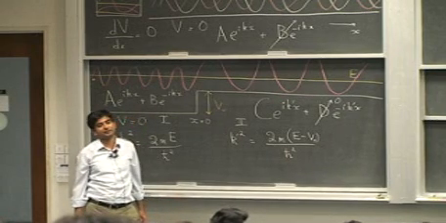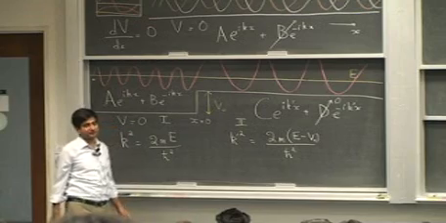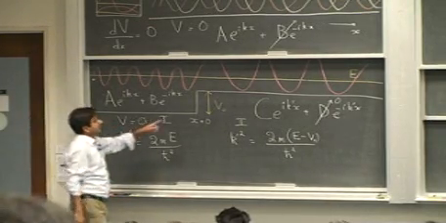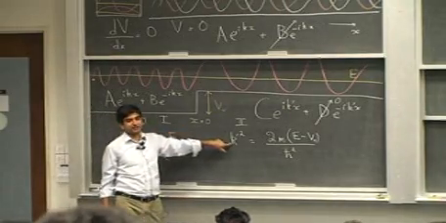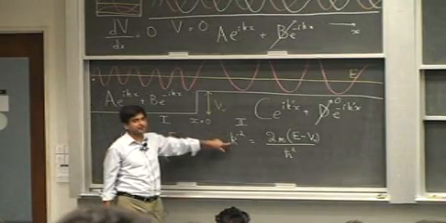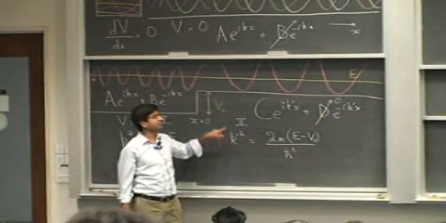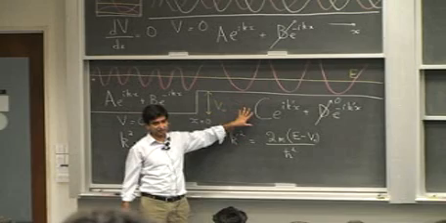I've answered this question quite a few times, but let me answer it again. k' is decreasing in region 2, which means the momentum is decreasing, which means the speed of the particle is decreasing in this region.